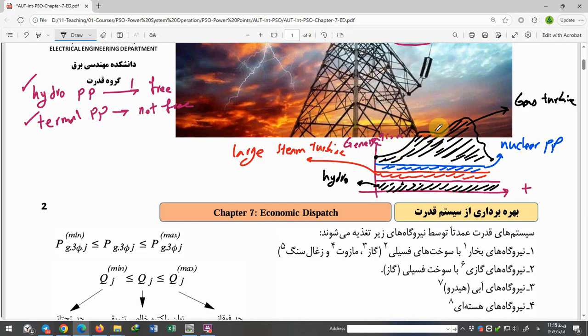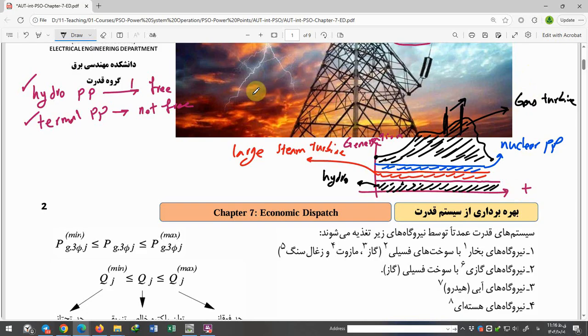For example, for this territory, you can rise or increase the generated power here. You can easily use a gas turbine.